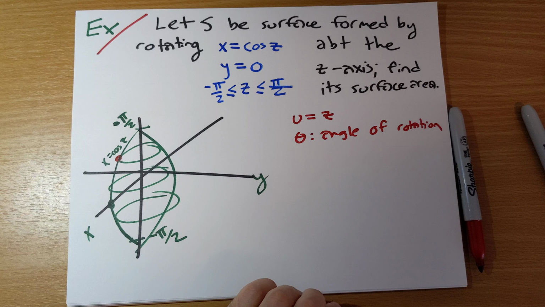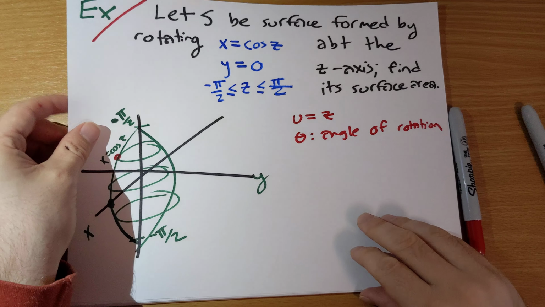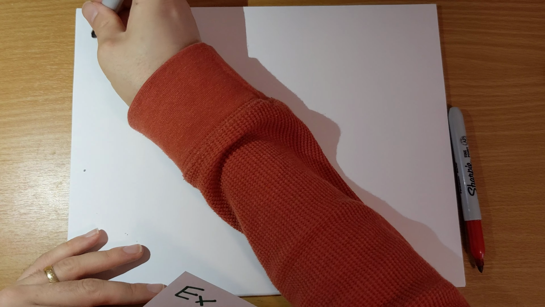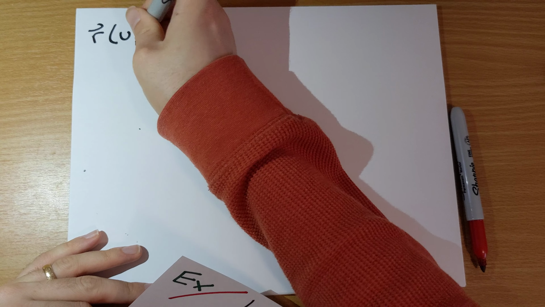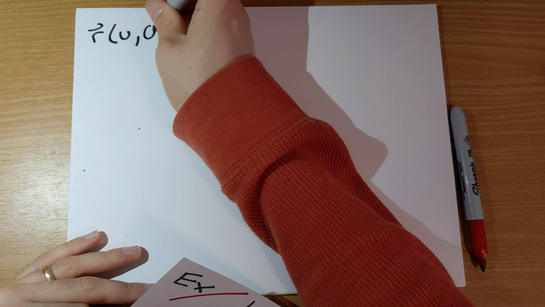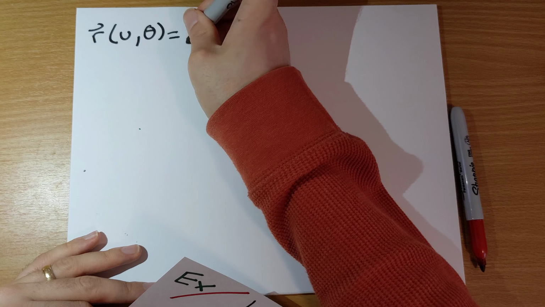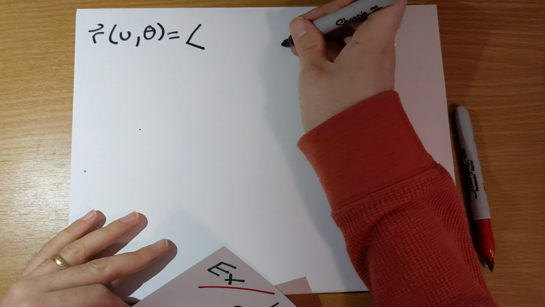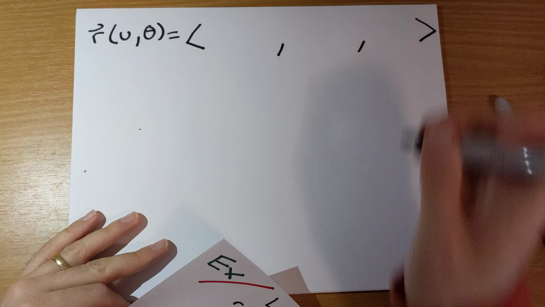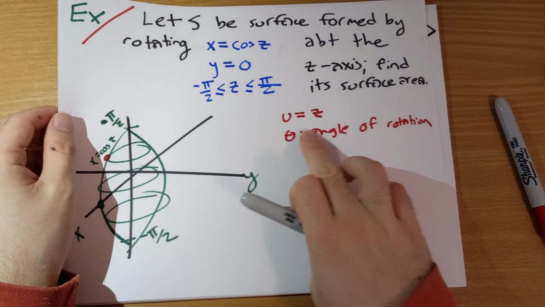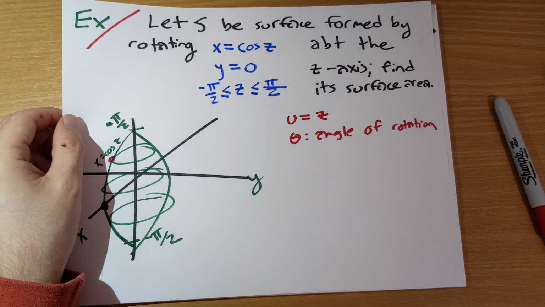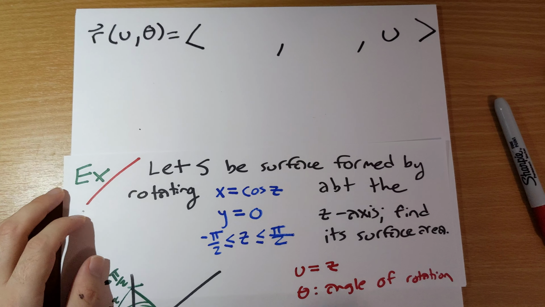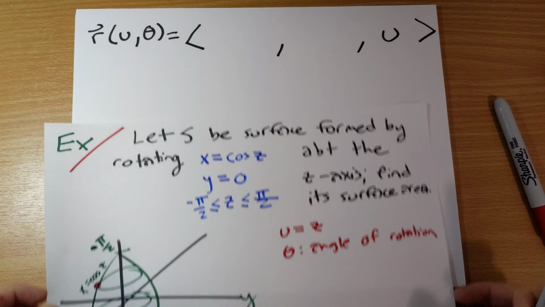Okay, how do we go about doing this? So we have r of u comma theta. We know we're going to have three slots here. The first thing is that we're just identifying u to be z, so z is equal to u.